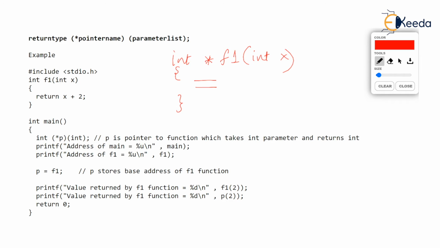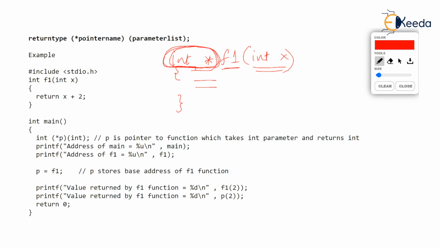F1 is a function which will return an int pointer. See, this is the return type, isn't it? So F1 will return an int pointer means what? F1 will return the address of an integer. And what is the parameter taken by F1? It is int x, an integer parameter.